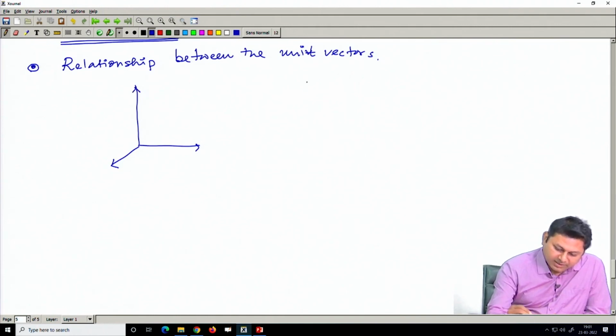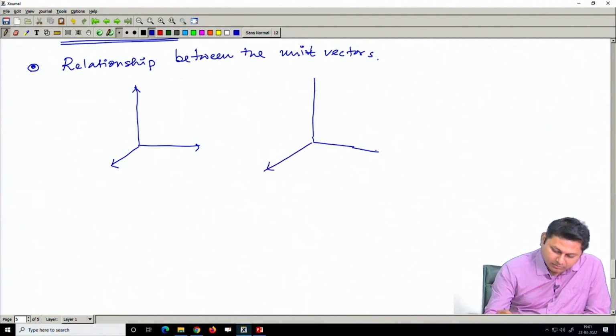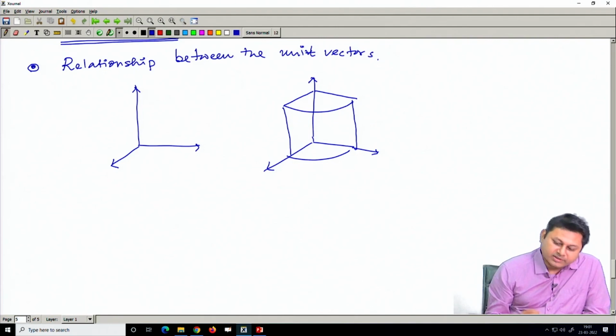and in the same basis if I draw, I am having a cylindrical coordinate system like this.